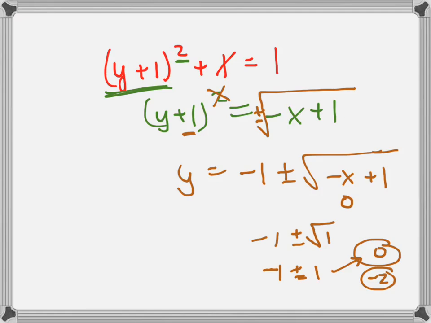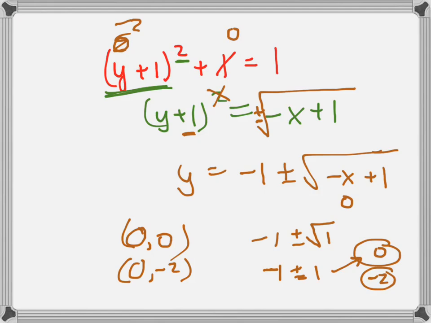So there's 2 points. When you plug in 0 for x, you can either get 0 out or you can get -2 out. And that's why that's not a function. When I plug in 0 for x and 0 for y, that works. But also when I plug in 0 for x and -2 for y, that also works. Either one of those will work, which means not a function.